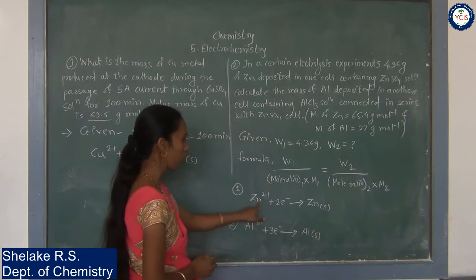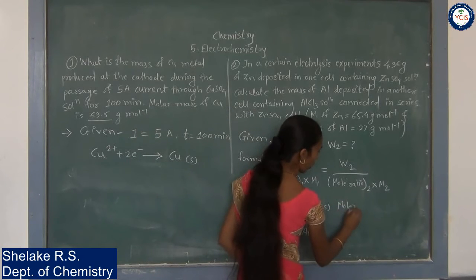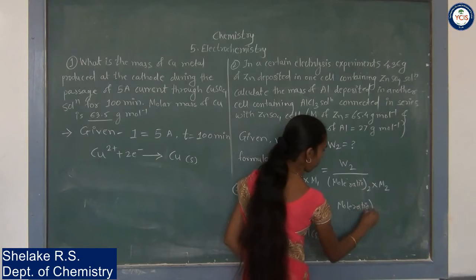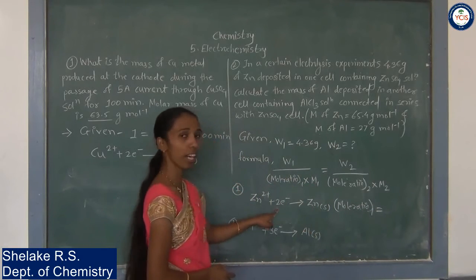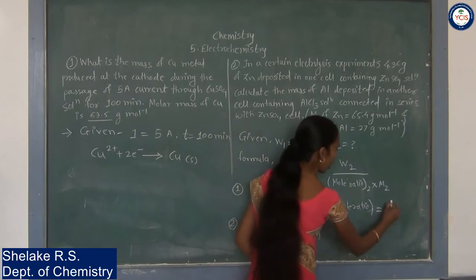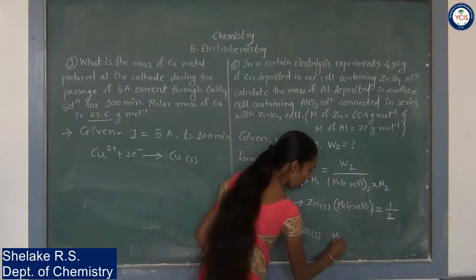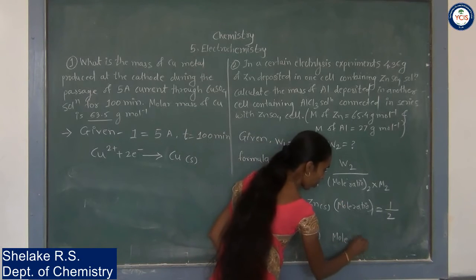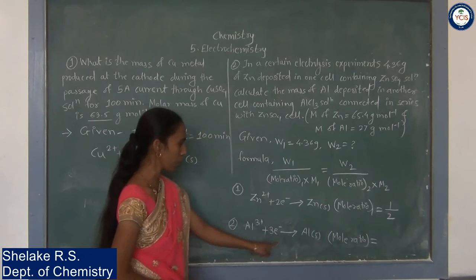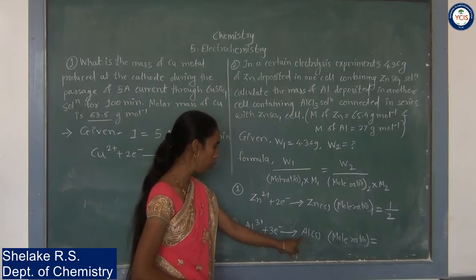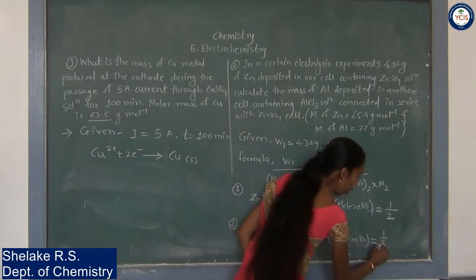Now for these two reactions, how can we write the mole ratio? For the first cell, for formation of 1 mole of zinc we require 2 electrons, so its ratio will be 1/2. And for the second reaction, for 1 mole of aluminium you require 3 electrons, so the mole ratio will be 1/3.